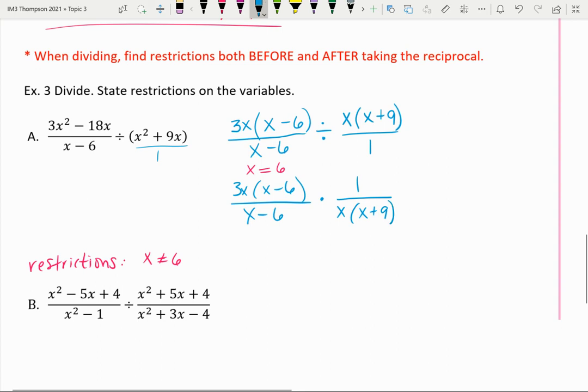And now I need to account for new restrictions because I have a new denominator. So from here, I get that x cannot be 0 and cannot be negative 9.